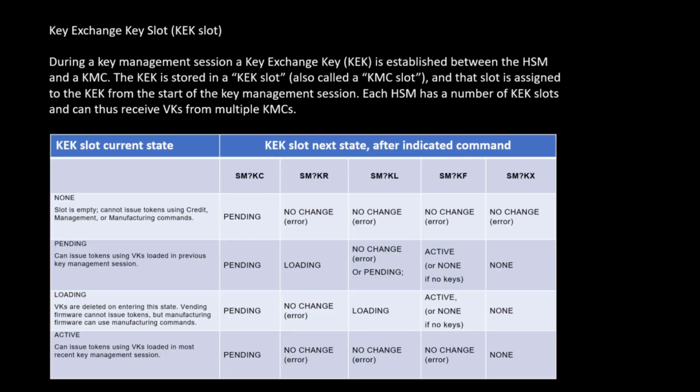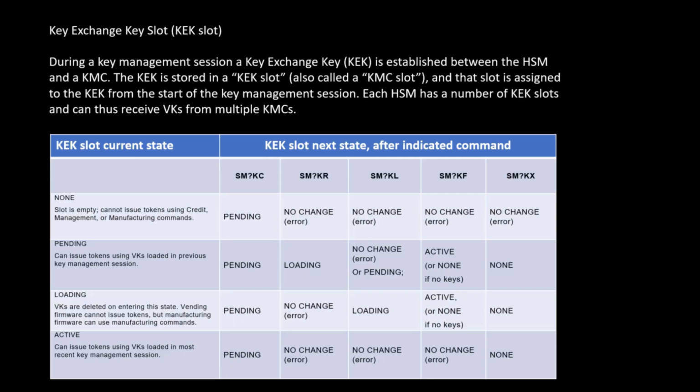The table below shows the KEK slot current state and the KEK slot next state after the indicated command. And you can look through this yourselves, but essentially what it says is it starts off with a KEK slot current state of none, nothing has happened. You issue an SMKC command and the KEK slot goes into a pending mode. Any of the other commands shown there's no change to the KEK slot unless there's an error.